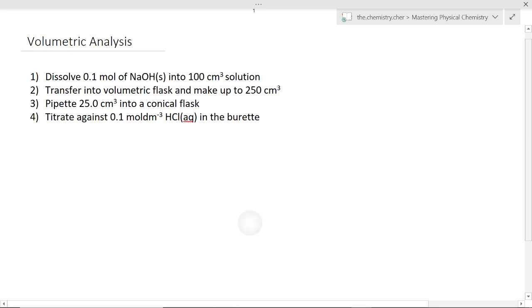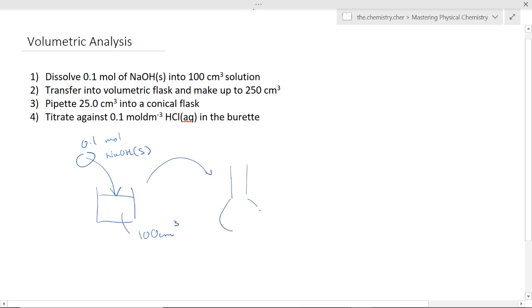I'm going to start off with a 100 cm³ solution in a beaker, and I'm going to dissolve solid sodium hydroxide into this solution, and there's 0.1 mole of sodium hydroxide. Then I am going to transfer this into a volumetric flask and top it up to 250 cm³.